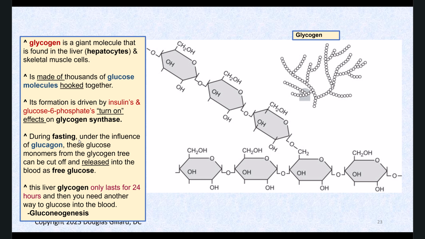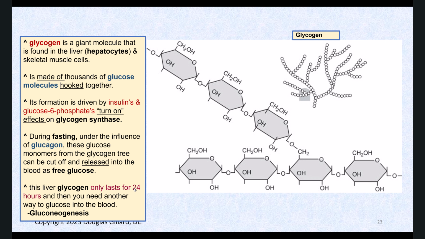During fasting or under the influence of glucagon, these glucose monomers from the glycogen tree can be cut off and released into the blood as free glucose. And this liver glycogen lasts for 12, 16, 18, up to 24 hours. We're going to go with 24 because it's easy to remember.